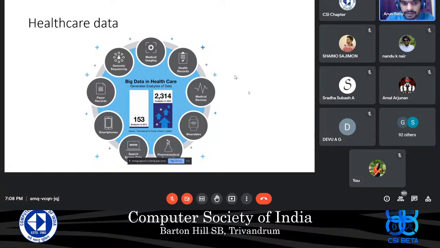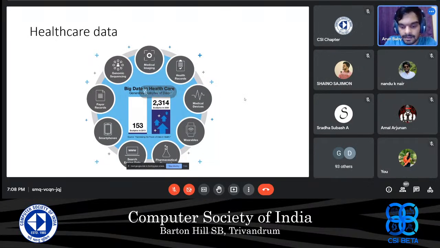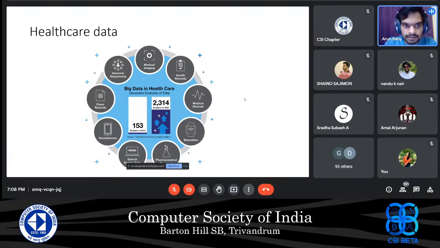That's a lot of data, and a lot of it is still not utilized for these machine learning programs. So we have a lot of potential to generate solutions that are helpful for the healthcare system as a whole.